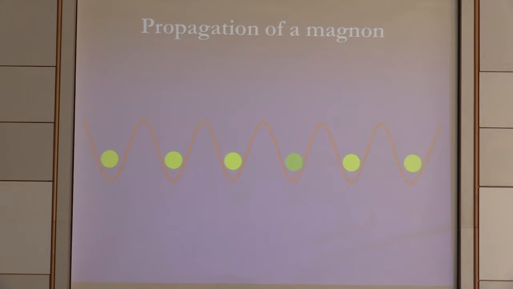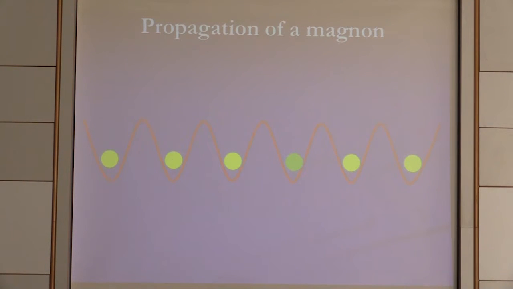So what I have realized here is a ferromagnetic chain of particles with one spin flip. If I have sufficient repulsion between the particles, the bosons will be in a Mott insulator phase, so I will get superexchange. This system is described by a Heisenberg Hamiltonian. And what I have realized is a nice ferromagnet with one magnon, with one spin down.